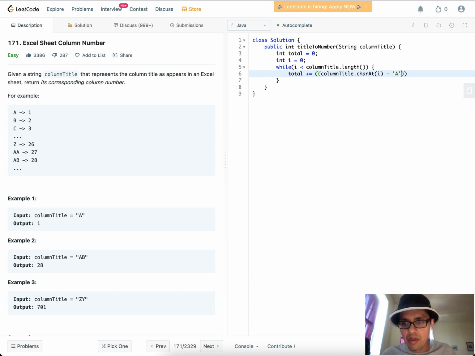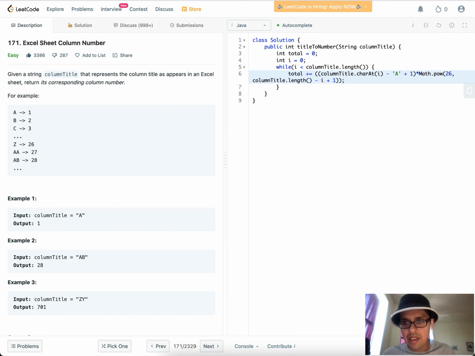If you're familiar with working with hexadecimal numbers, or even character to digit conversions, then you'll understand what's going on here. But columnTitle.length minus i plus 1.